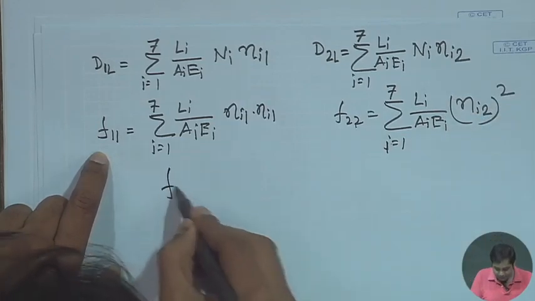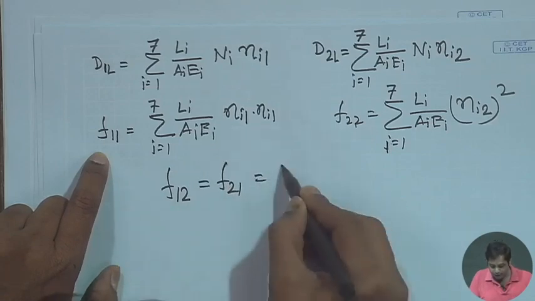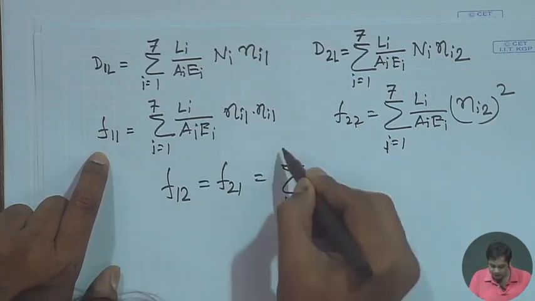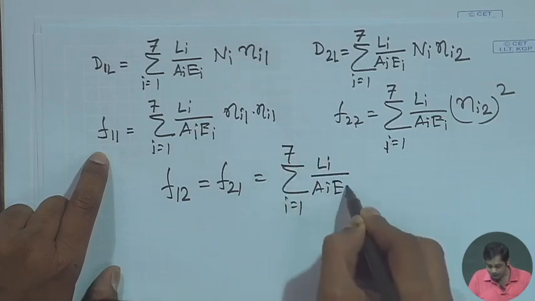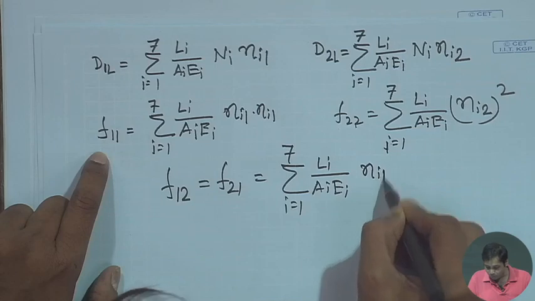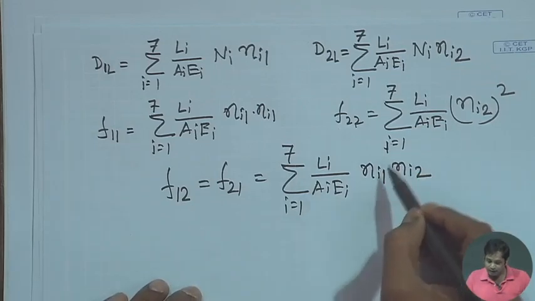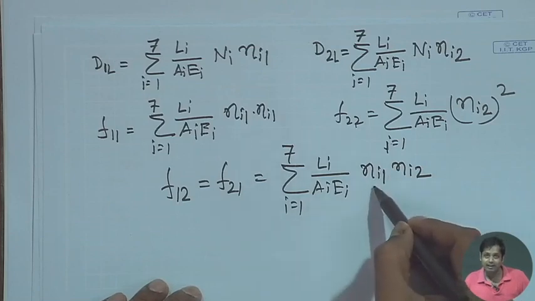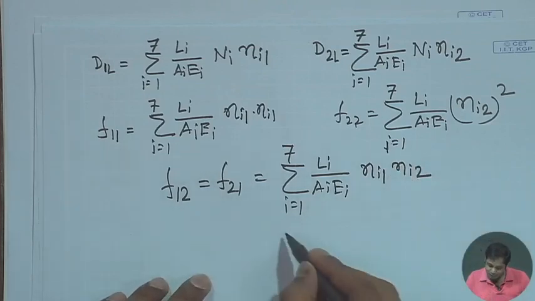And what is F12? That has to be equal to F21, which is the summation of i equals 1 to 7 of Li by Ai Ei, and it is Ni1 Ni2. It means it is the displacement in the first redundant due to the force applied in the direction of the second redundant.